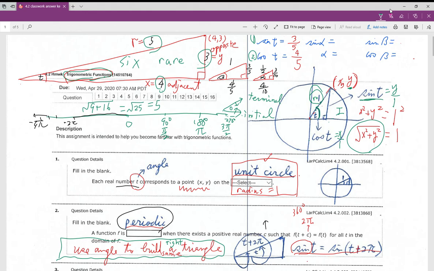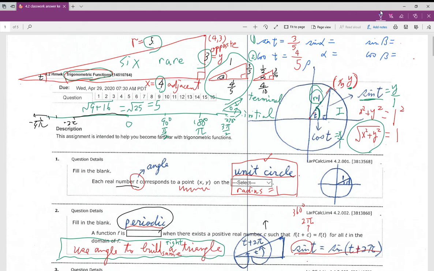Now, if I want to make the radius equal to 1, let me divide by 5, divide by 5, divide by 5. What happened? Then I have a new, smaller triangle, where the radius is equal to 1. I cannot see the work here, so let me rewrite. This is sine beta.